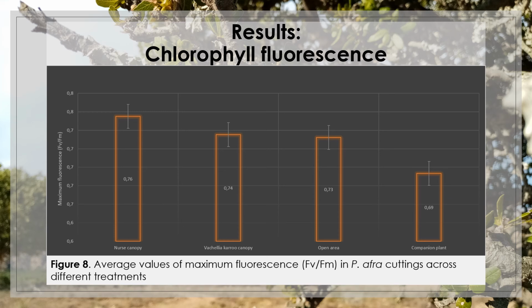The companion plant, oddly enough, had the lowest maximum fluorescence out of all of them, and again, as mentioned in terms of the PAR below canopy, this is likely because the companion plant plantings were constructed in areas where there were variable levels of shading, and again, this could have likely influenced the results, but this is something that warrants further investigation.